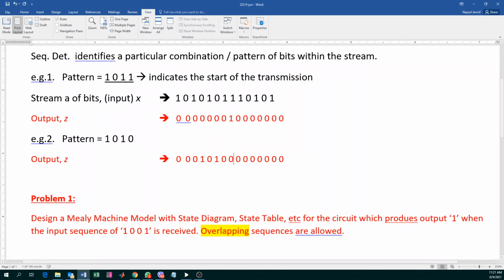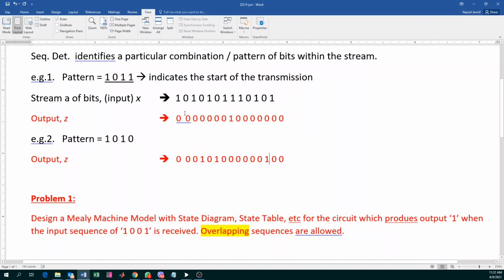What else, guys? Can you see any other patterns? Yes, over here. 1 0 1 0, you'll have another pattern there. So this is what you call overlapping.